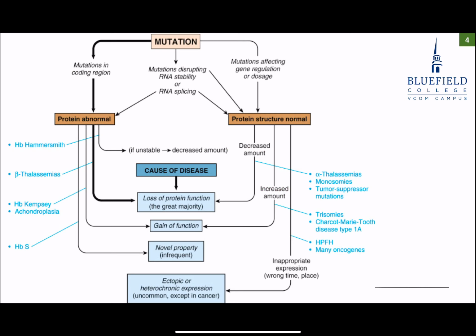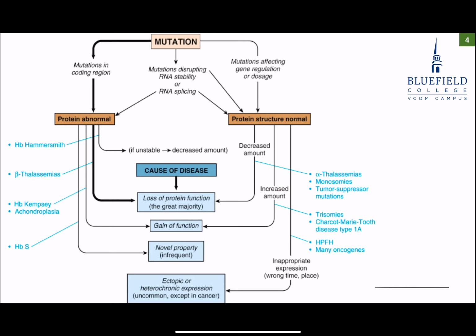So, which obviously refers to mutations that happen in the coding region, so those lead to changes in protein structure, and those that affect regulation or dosage. So those take place not in coding sequences, but non-coding regulatory sequences, like the promoter region.